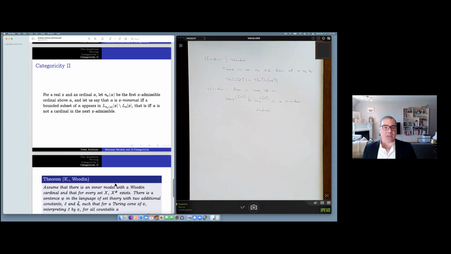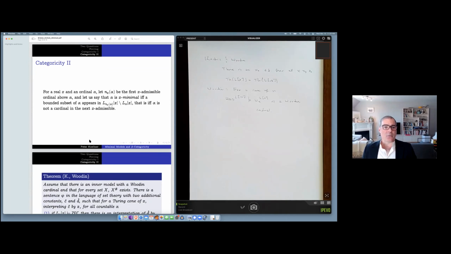So we're in a boldface context, and for a real x and an ordinal alpha, I'm going to let n sub x of alpha be the first x-admissible ordinal above alpha. And I'm going to say that alpha is x-minimal if and only if it's not x-bleak.